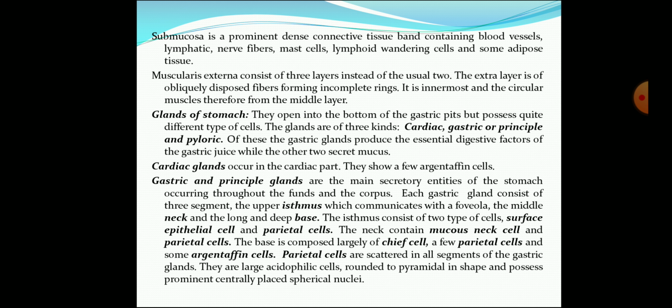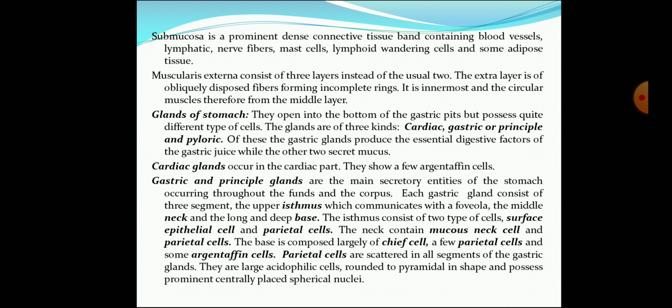The mucous neck cells are few and columnar. They show short microvilli and pale apical mucous granules. A large Golgi apparatus lies above the basal nucleus. The mucus produced by these cells is less viscous than that produced by surface epithelial cells.